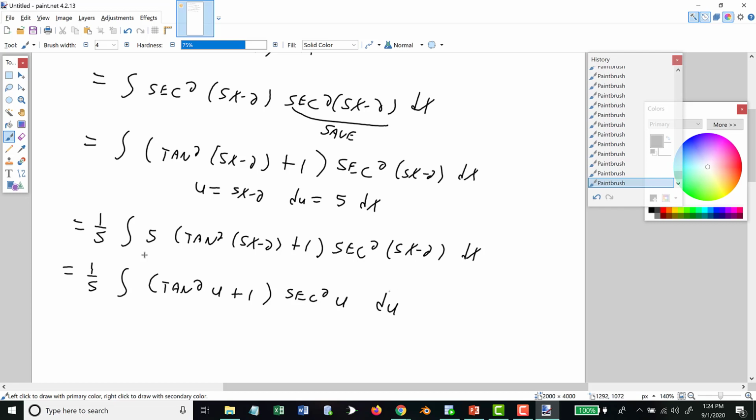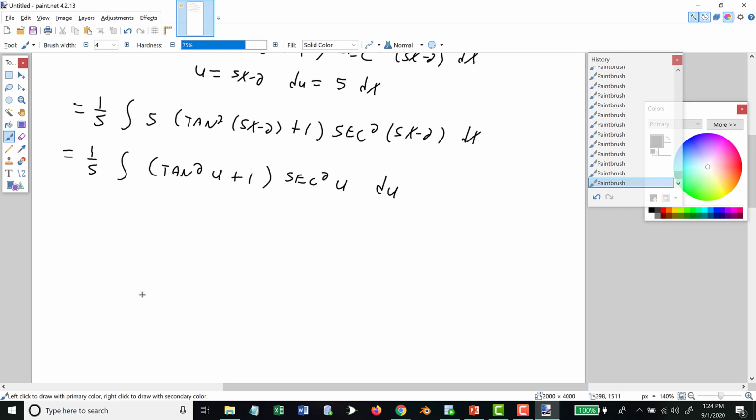Okay, now I said we're going to have another breakdown because we got tangent squared plus 1 in there. So I'm going to multiply the secant squared through. So we're going to have the integral of tangent squared u, secant squared u, du, plus the integral secant squared times 1 is secant squared u and du.